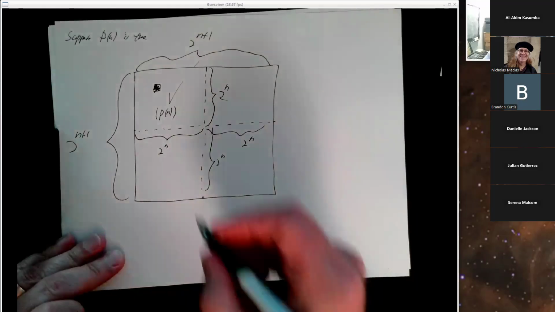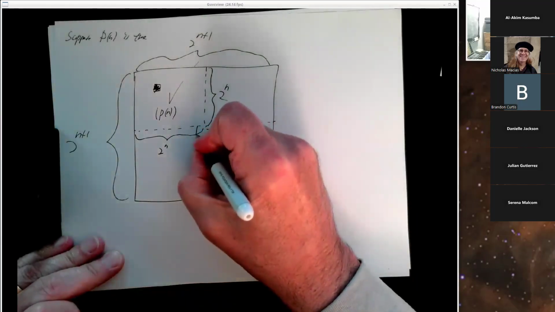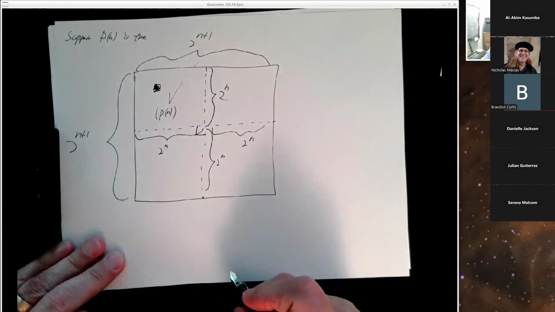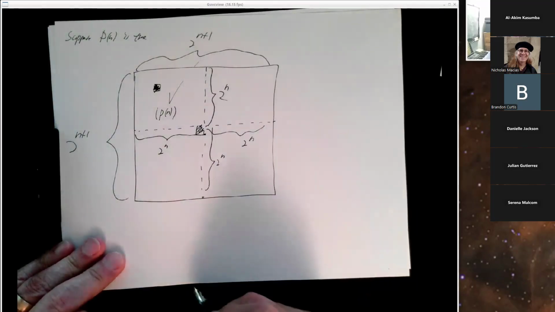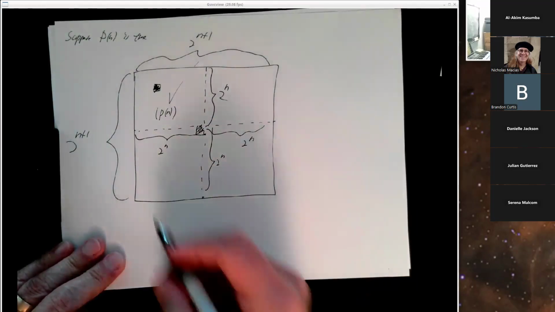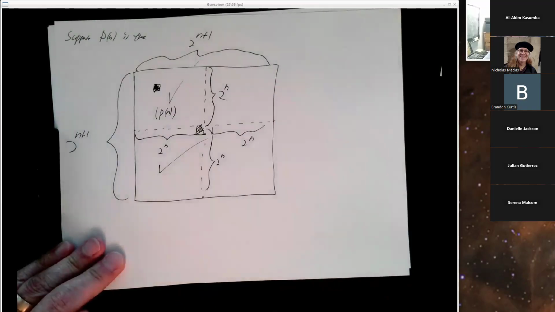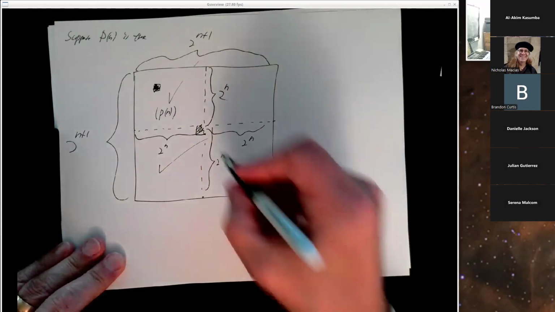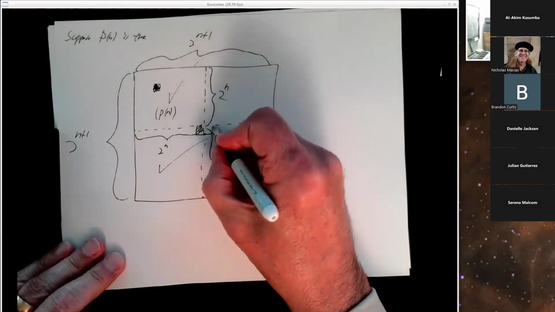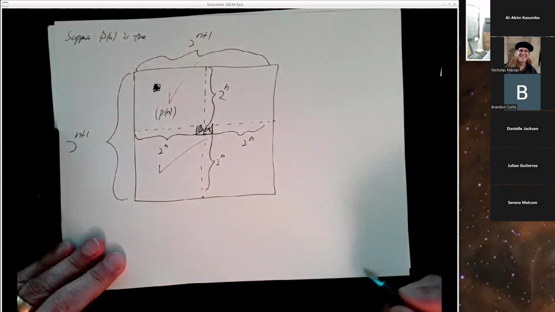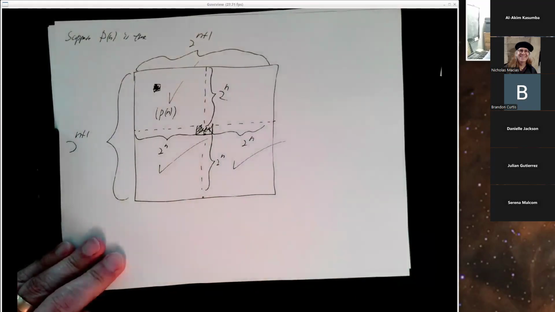So let me temporarily take out a spot. I'm just going to take out this corner right here. And now this is a 2 to the n by 2 to the n room with one missing spot. I can tile the rest of this because of P of n. And I'm going to take out a corner right here, and P of n tells me I can tile the rest of this.